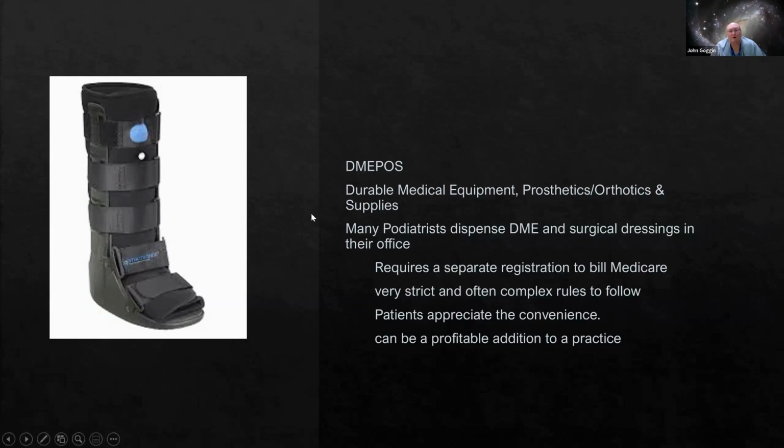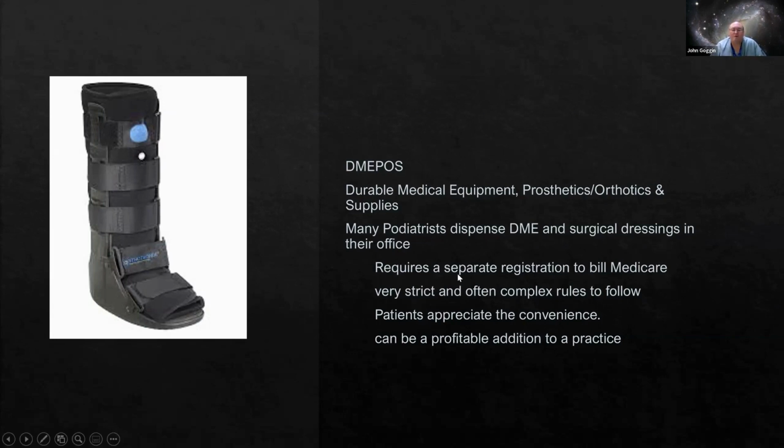Picture of a cam walker here, fairly classic. It's a great inconvenience when you run into somebody who, because of their insurance or what have you, you have to write a prescription for the cam walker that they really should be walking out of your office in, and they're getting it 4 or 5 days later. So it's nice if you can do your own dispensing.